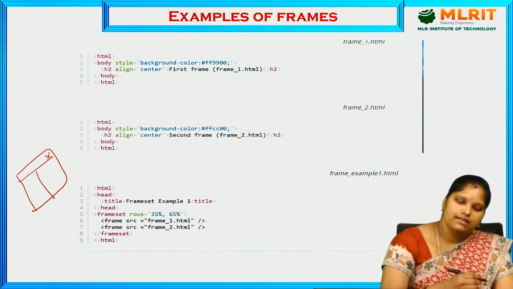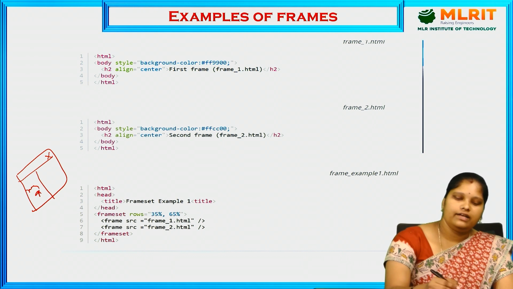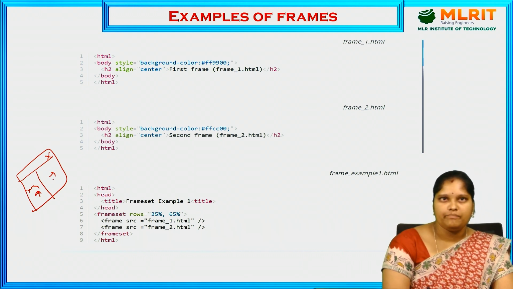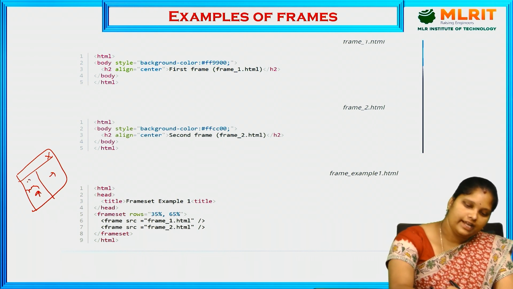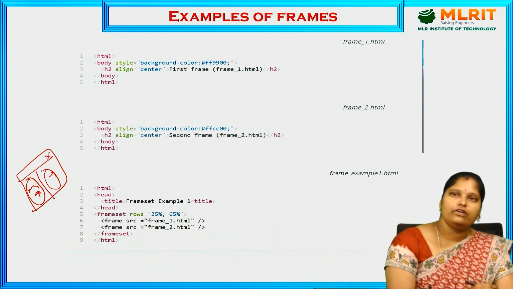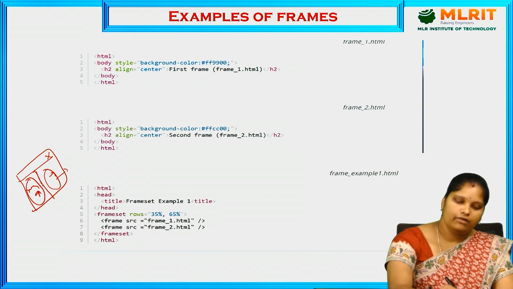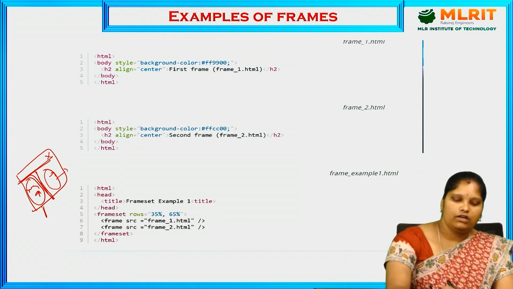Like this. In the first frame, I need to insert some picture or rows, here some table or a link. First, you need to create the frame 1 HTML page, and next the frame 2 HTML page, and after that you give the links or URLs to frame 1 and frame 2.